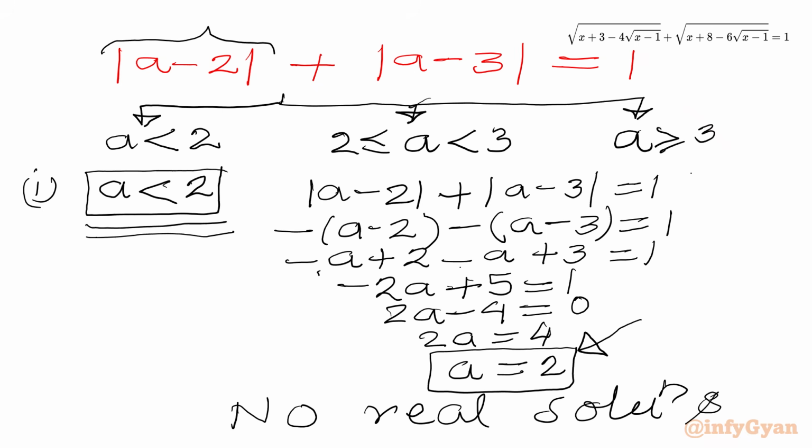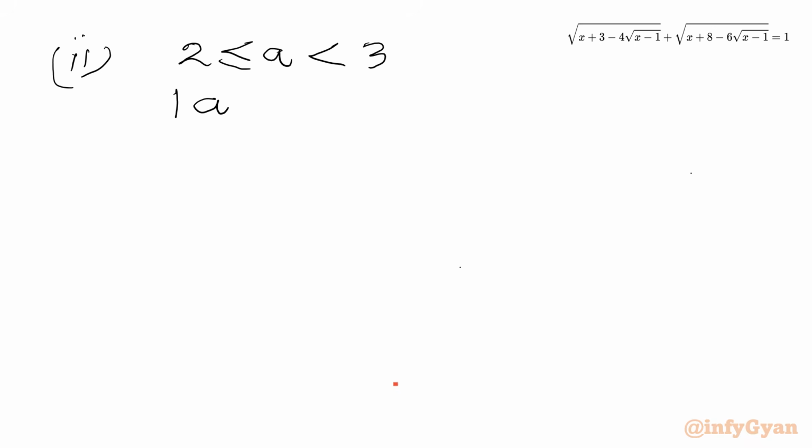Now we will take up the second case, where a is in the interval 2 to 3, 2 included. So I will write here a greater than or equal to 2 and less than 3. Let's write the equation once: mod of a minus 2 plus mod of a minus 3 equal to 1. If a is greater than or equal to 2, then mod of a minus 2 will be a minus 2.